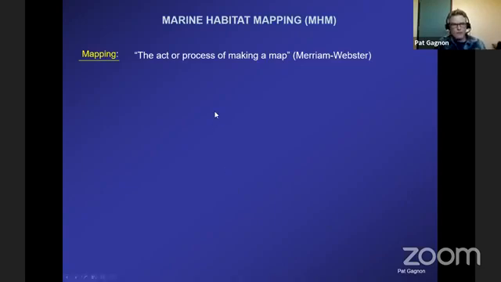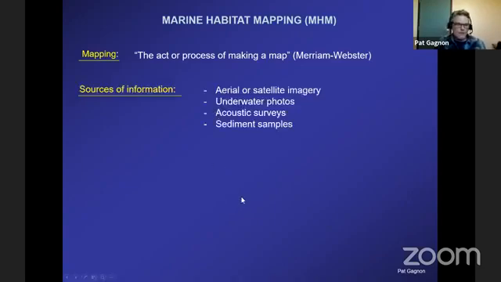When you get into mapping, you use different kinds of information, which are listed on this slide. Sometimes we'll use a combination of different things. We can use imagery from satellites, imagery from aircraft, and we can send divers underwater to acquire photos.